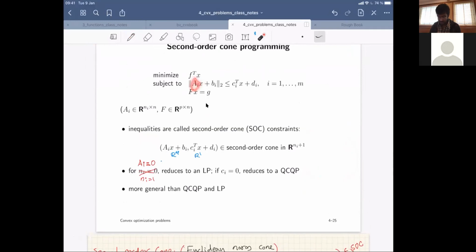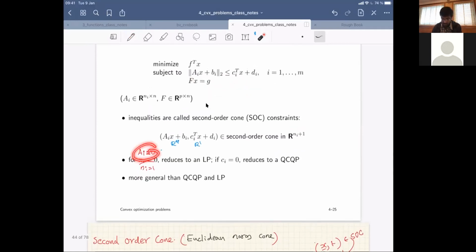Then b is a constant, right? The constraint says the constant is less than or equal to c transpose x plus d. That means it's an LP, right? The only term involving x in that case is this c transpose x, which is part of an affine function. So when A equals 0, this is an LP.